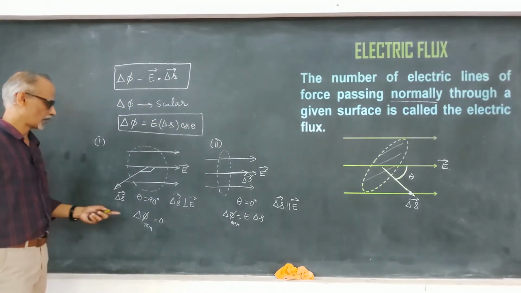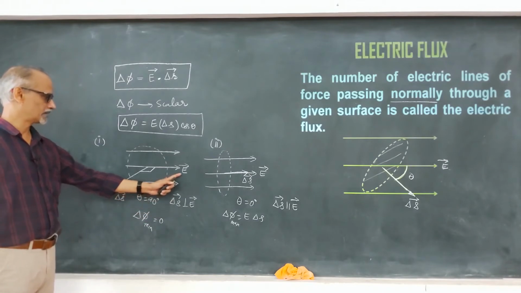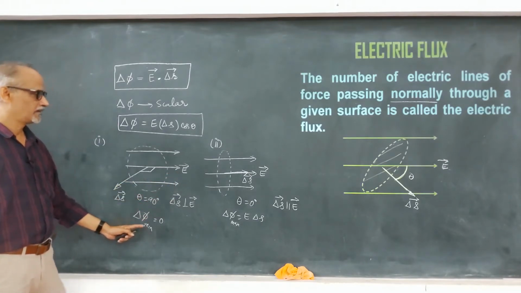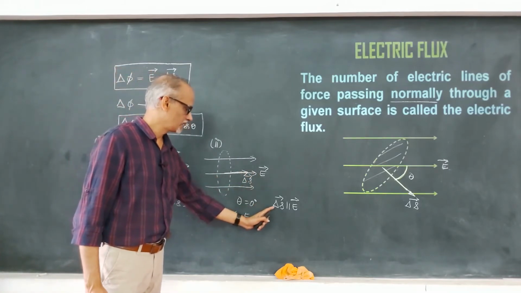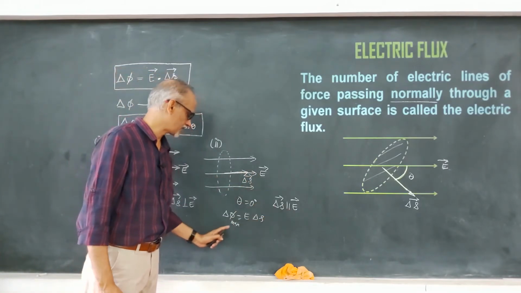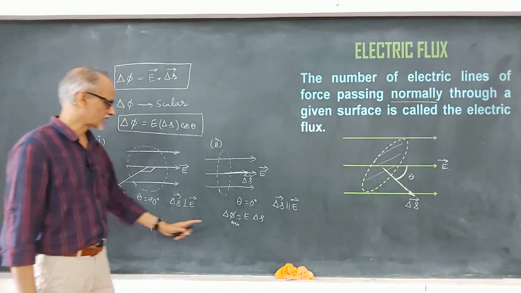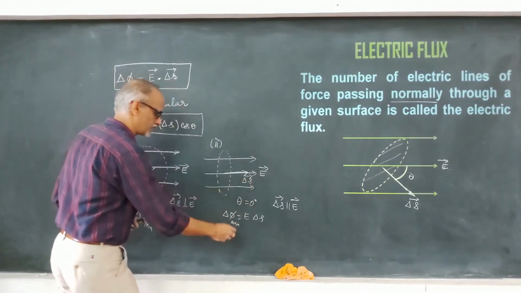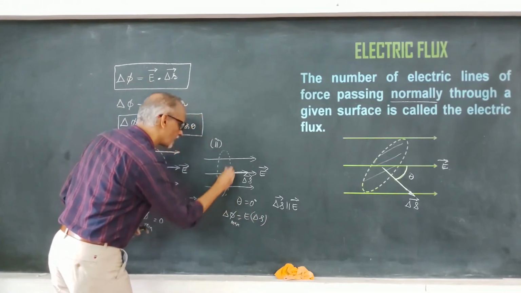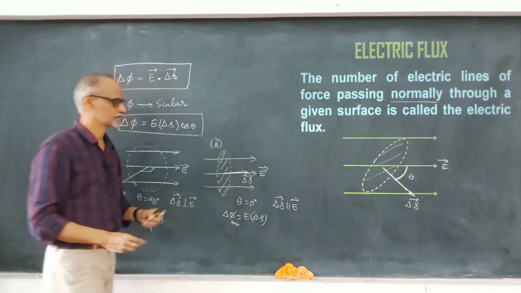So when the area vector is perpendicular to the electric field, the flux is minimum. When the area vector is parallel to the electric field, the flux is maximum. What is the maximum value of the flux? It is E into delta S, where E is the electric field and delta S is the value of this area.